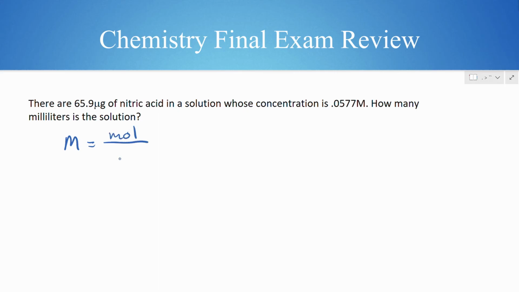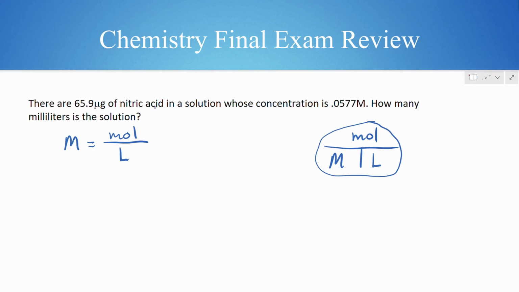A shortcut is this here, moles over molarity in liters, and I showed this in a previous video. Basically, you cover the unit that you want, and you're left with the other two units, and those would either be multiplied if they're side by side, or divided if they're one on top of the other.